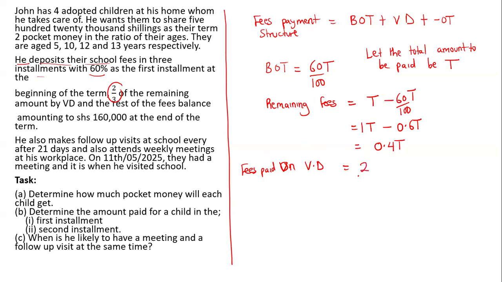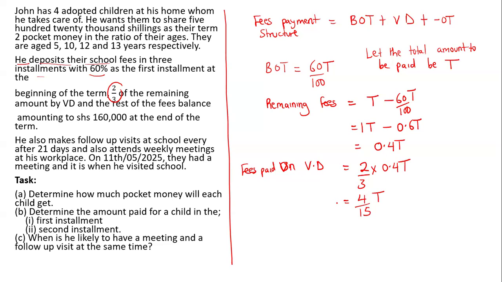So it's going to be 2/3 times what was remaining, which was 0.4 times the total contribution. So 2 divided by 3 times 0.4, we end up with 4 out of 15 of the total amount.